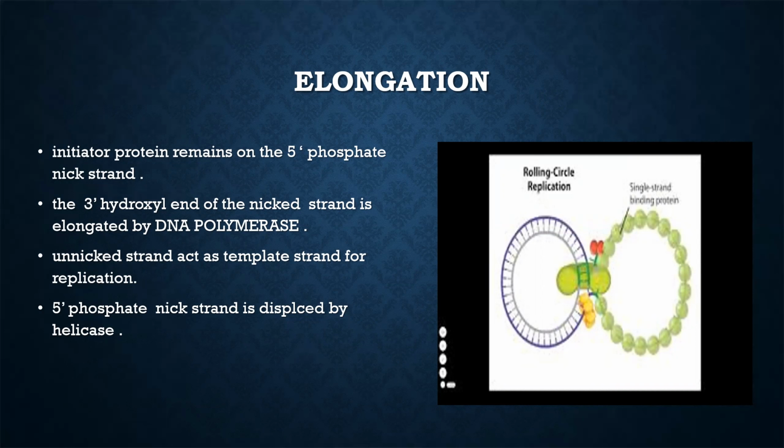The unnicked strand is used as the template strand so that the nicked strand produces new nucleotides. As a result, the 5' phosphate nicked strand is displaced by the helicase enzyme.